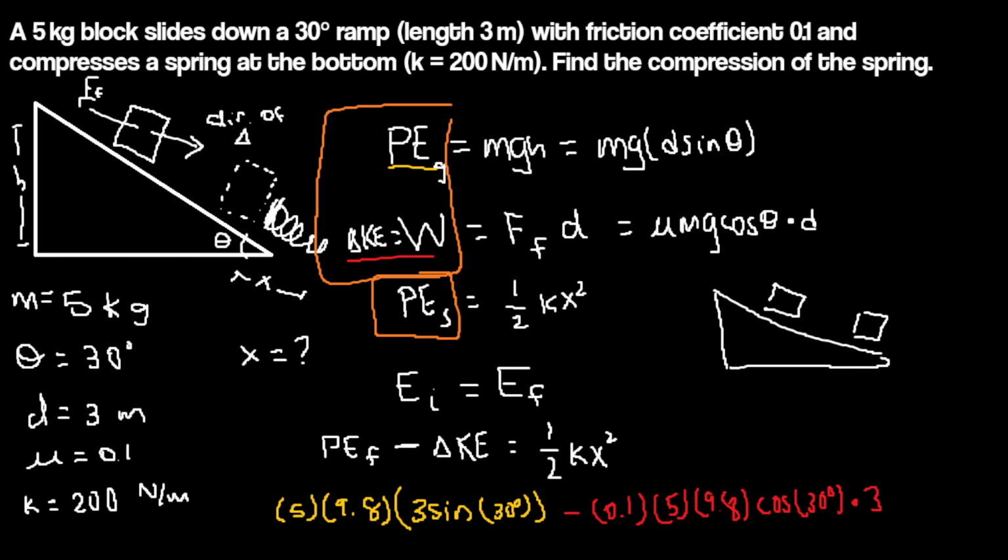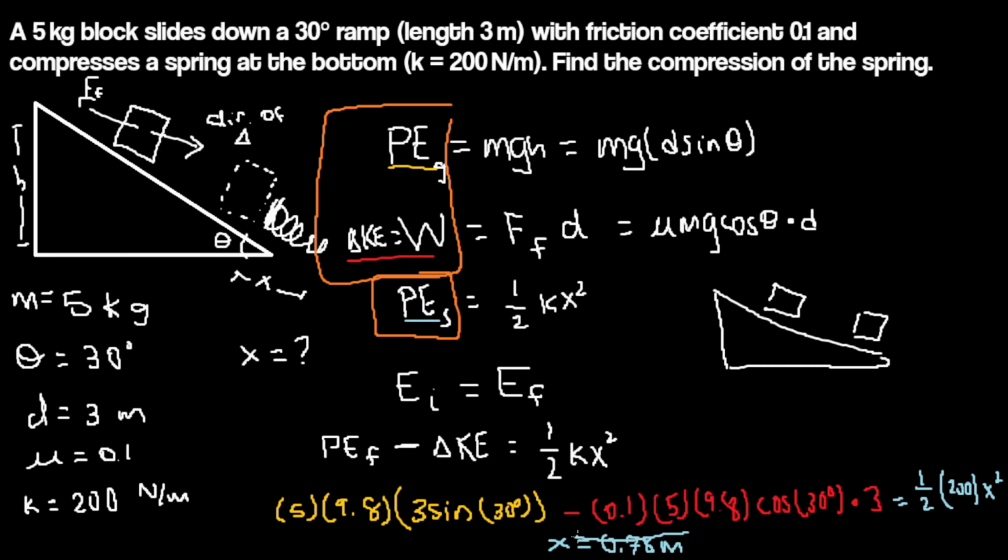And then finally we have that all that equals our spring, which is 1/2 times 200 x squared. So now we do all that, we solve for x, and we get that the spring compresses 0.78 meters.